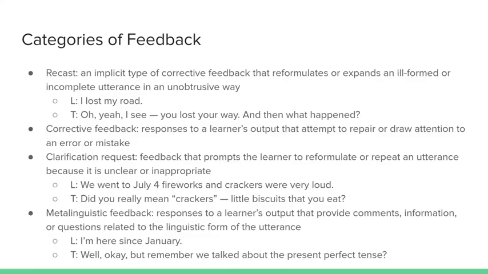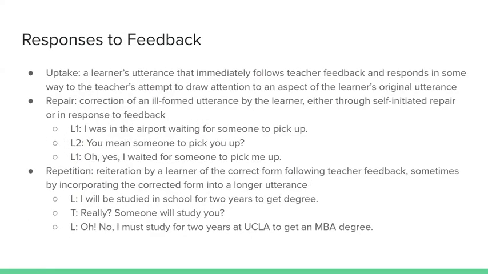So that's where we are going to move on, where we can find that there are usually three different types of responses. So first of all, what happens is an uptake. Uptake usually means that the student immediately follows the teacher's feedback and responds in some way to the teacher's attempt to draw attention to what this means was successful. So successful uptake, there's also sometimes a failure uptake because the student still might attempt to, but the production might in fact be incorrect.